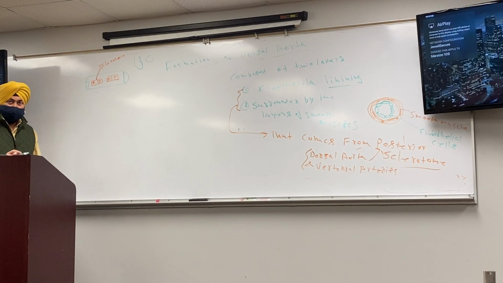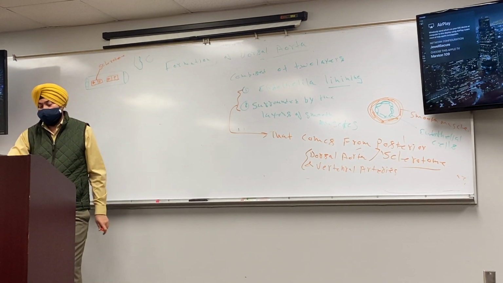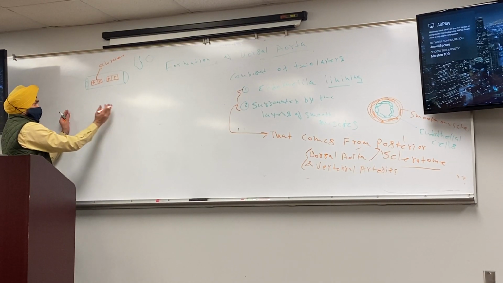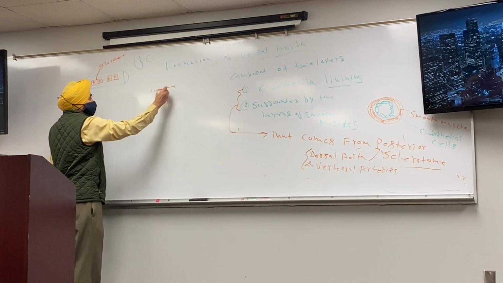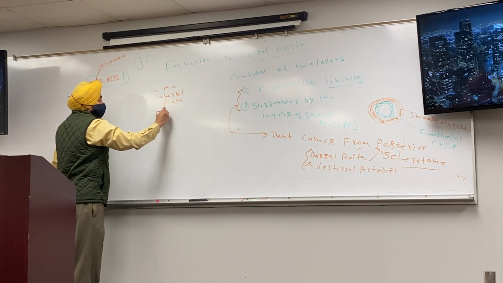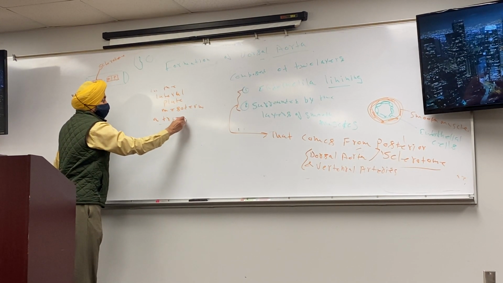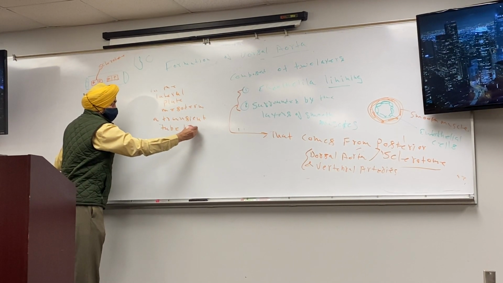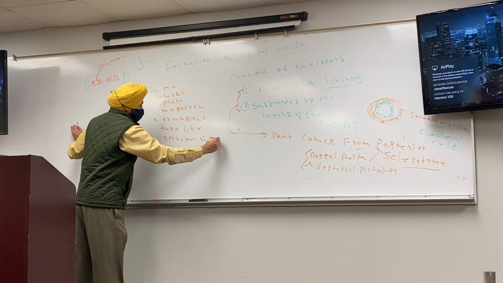Now what happened? The blood vessel formation takes place in the lateral plate mesoderm. Say here is your lateral plate mesoderm. In the lateral plate mesoderm, a transient tube-like structure is formed.